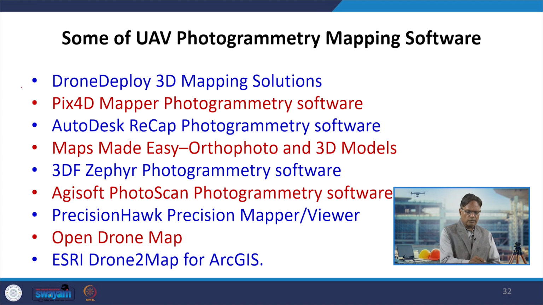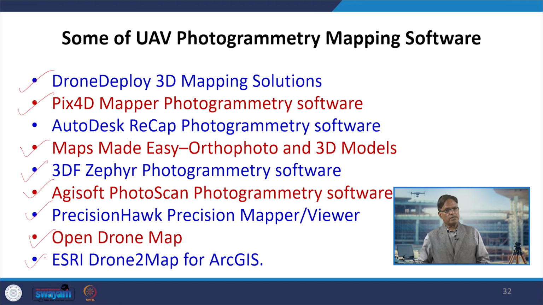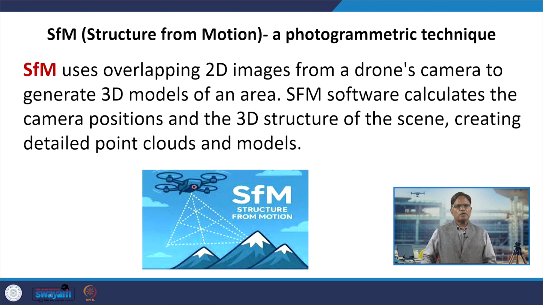Drone Deploy for 3D mapping, Pix4D Mapper is a photogrammetric software. Then we can use Maps Made Easy, 3DF Zephyr, Agisoft, Precision Hawk, OpenDroneMap or Esri Drone2Map for ArcGIS. So, these software are helping us in order to do processing from the photographs which we have obtained.